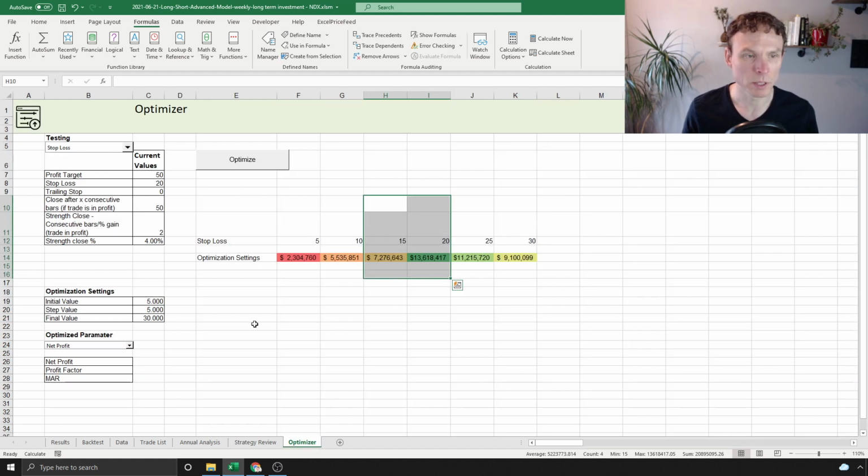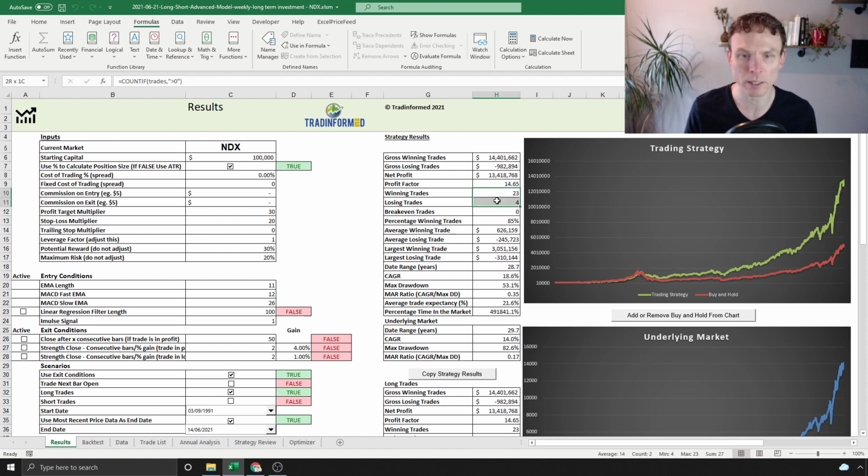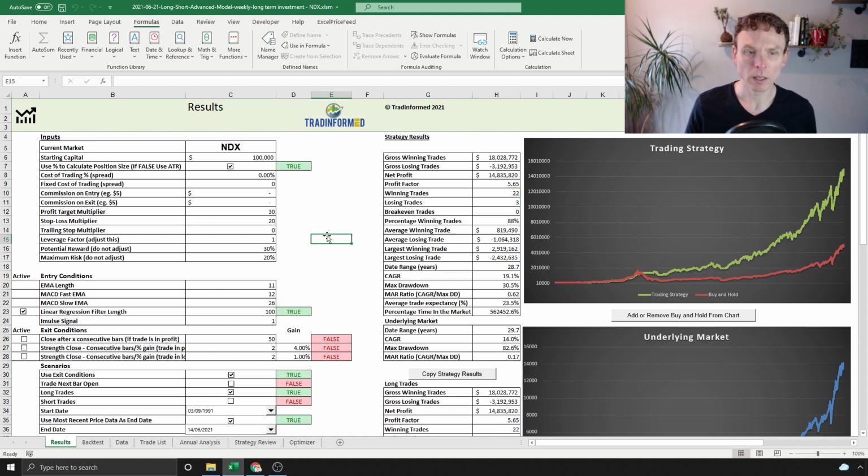So the optimizer can very quickly give us information that it may not otherwise be obvious to us. So you can see that the model results are pretty stable. Take the linear regression on and off, and it does change the profile of the results. We get more trades. We would expect to get more trades without this filter. So there we have the results of the strategy adjusted in real time.